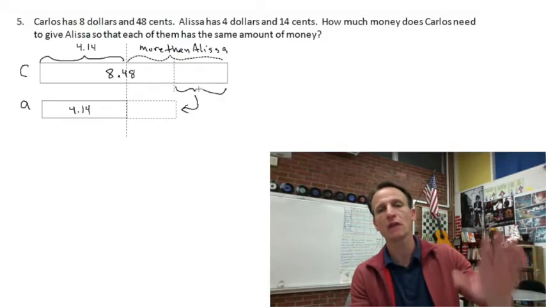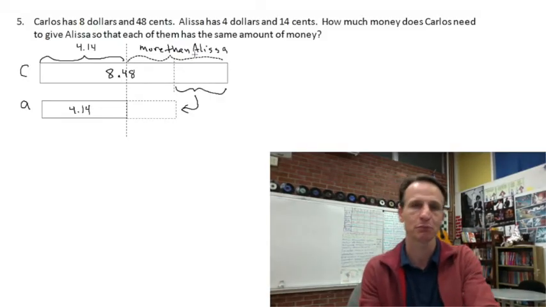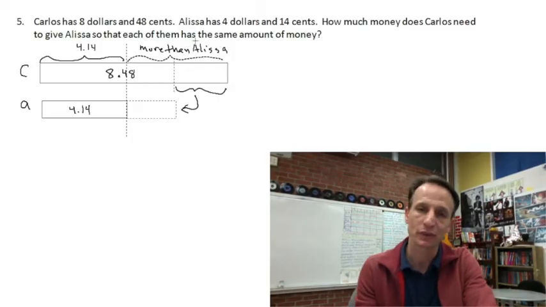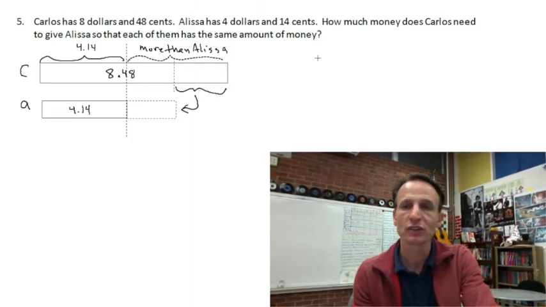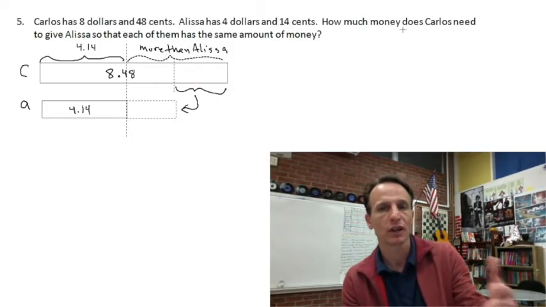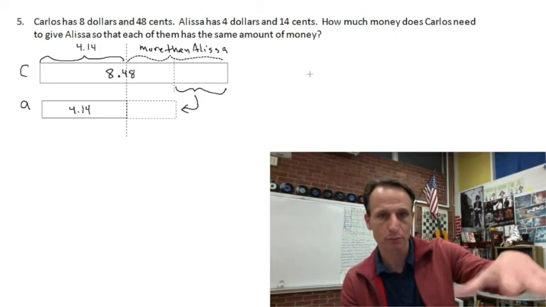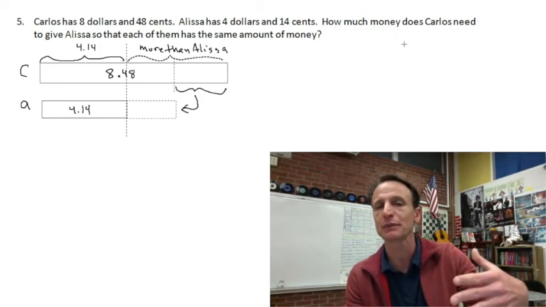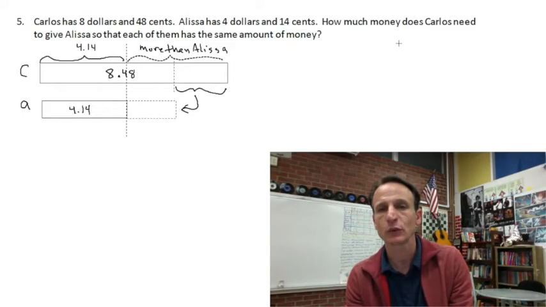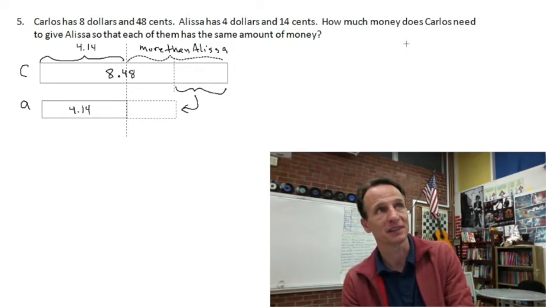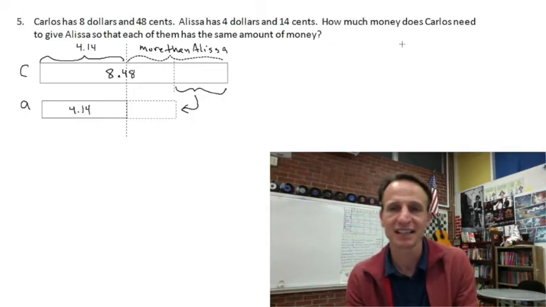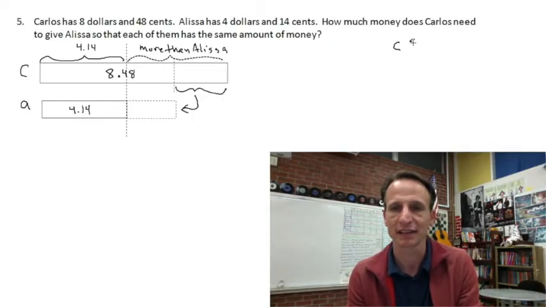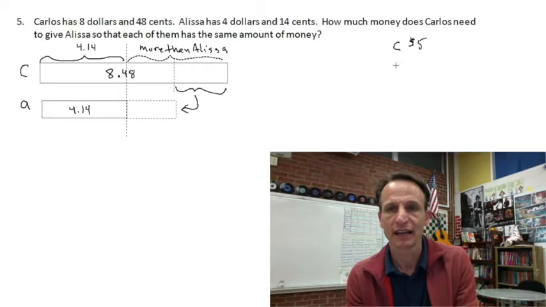And I know I'm beating this dead horse like mad, but if you do this out with simpler numbers, you'll see the way this works. So this is not part of that, but let's make the math easy, and let's say Carlos has $5 and Alyssa has $1.